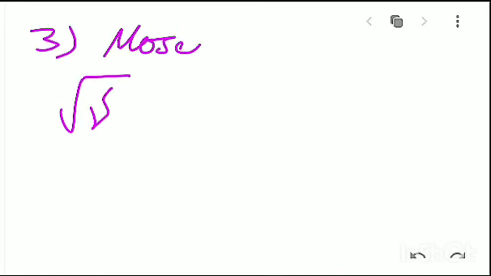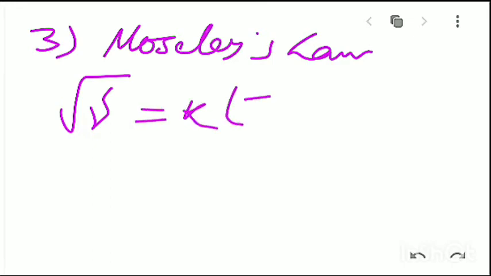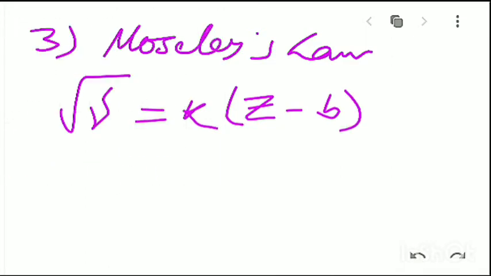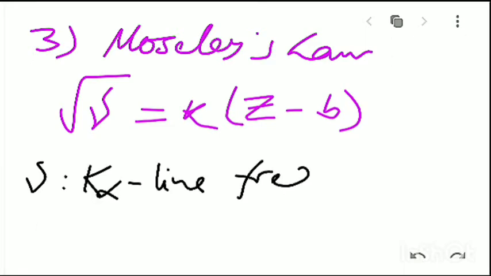And the third formula is Moseley's law. It is sometimes required in very few numericals. They are asked often, and that formula is called Moseley's law. Root nu, where nu is the K alpha line frequency of the element, times h, square root, equals k times (z minus b), where nu is here the K alpha line frequency and z is the atomic number.